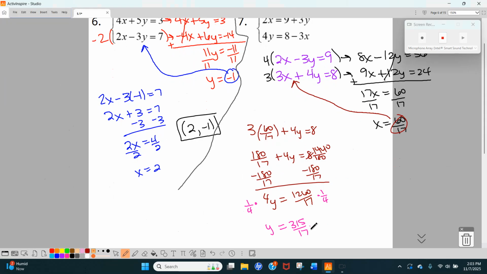I'm going to have 8 minus 180 over 17, which should have just been 44. So what did I do?